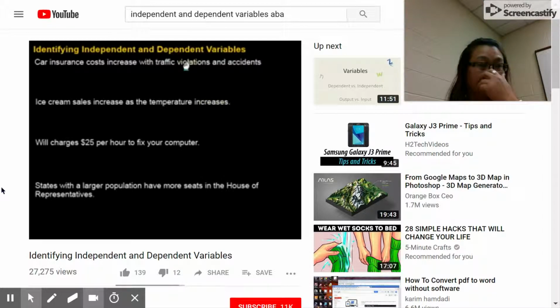Well, do the number of traffic violations and accidents control the costs, or do the costs control how many traffic violations and accidents you've had? Well, There might be some slight control if your costs are very high to not have traffic violations or accidents, but I think that it's pretty clear that the number of traffic violations and accidents would control our car insurance costs. Mm-hmm. So that's in control.